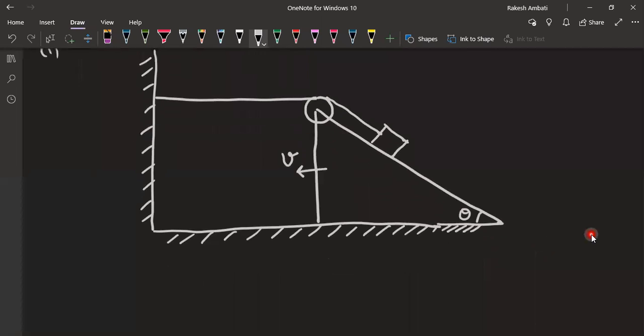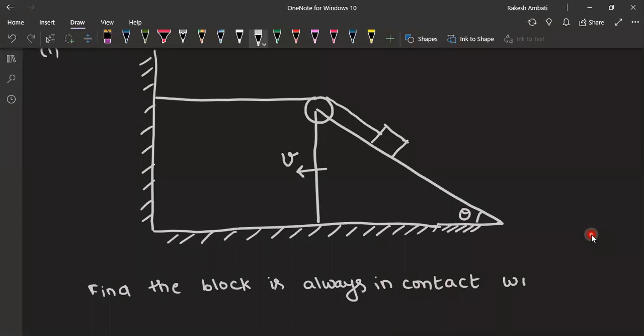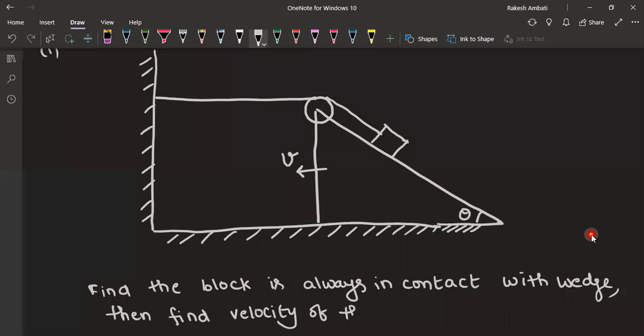Now the thing is, if the block is always in contact with the wedge, then find the velocity of the block.